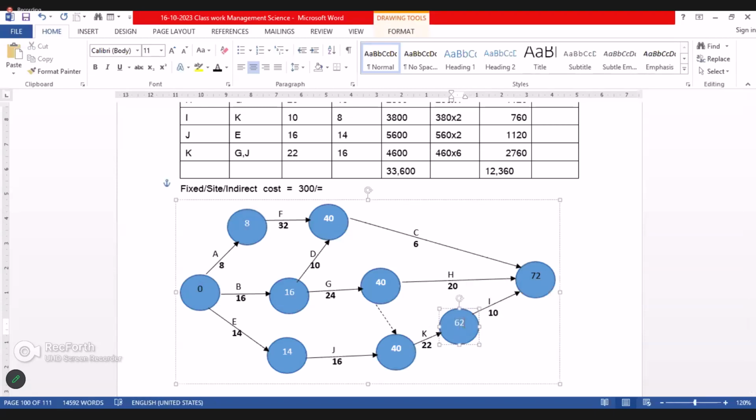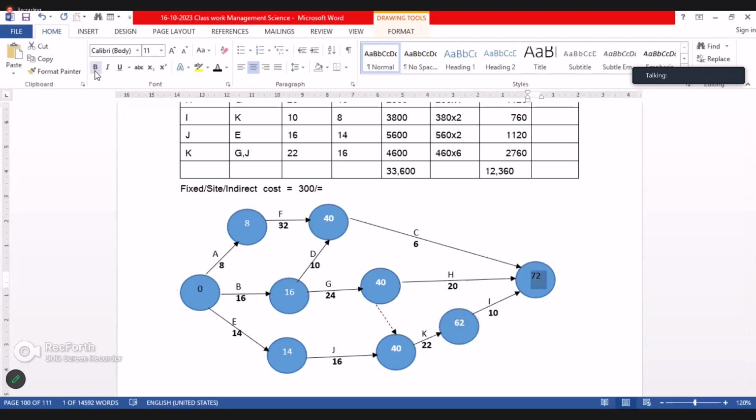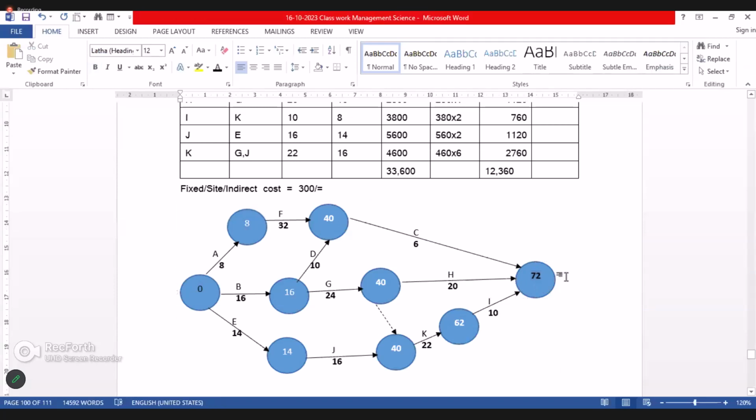That is 62. 62 plus 10, right? This is 72. To come this way, 40 plus 20, that is 60. If you come this way, 40 plus 6, 46. So therefore, 72 is the project duration, the normal duration of the project.